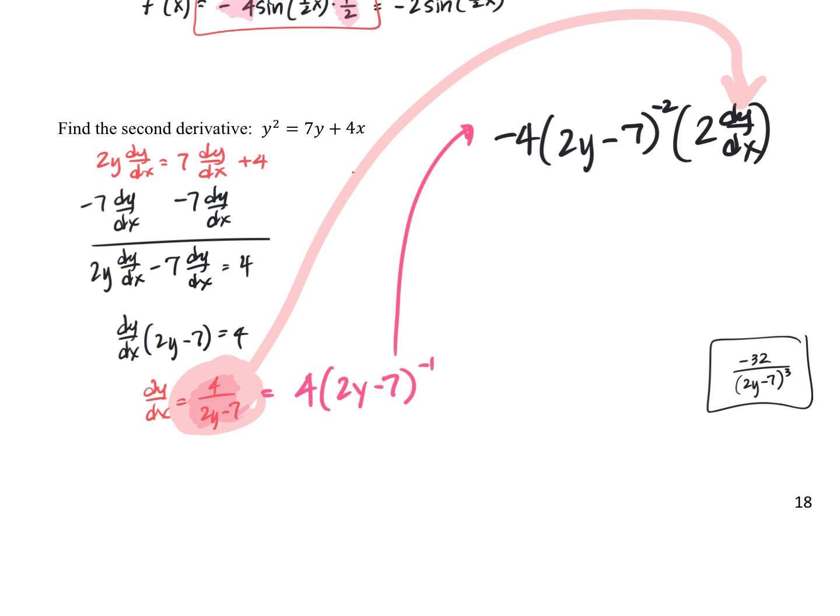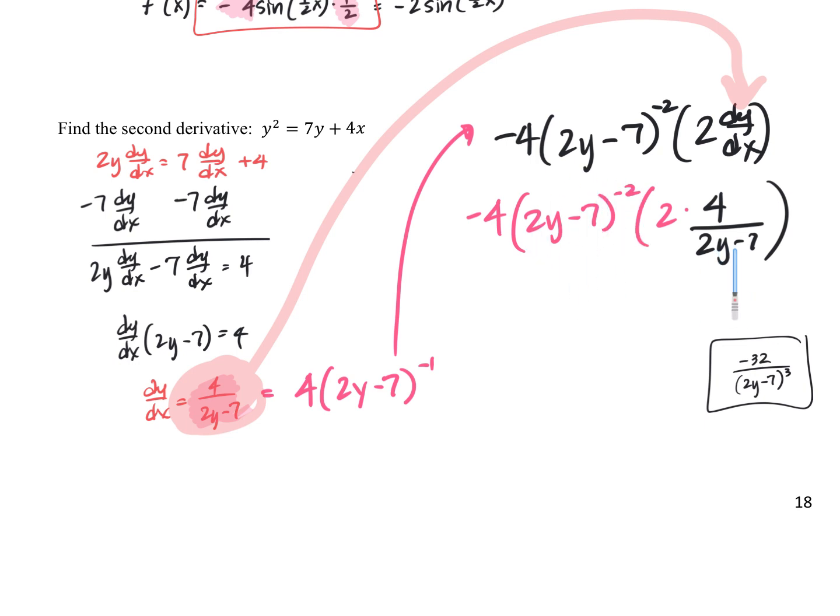So again, you don't have to write this down. I'm just showing you another option, you guys. We got a 2y minus 7 to the -2nd, times a 2 times, instead of dy dx, I could write that, which was a 4 over 2y minus 7. Is this the same as that? Where would I throw this?